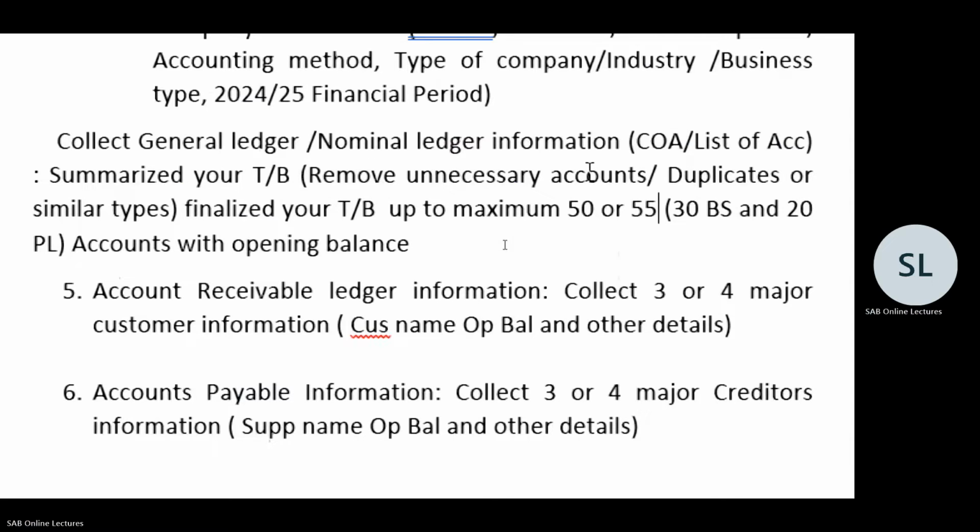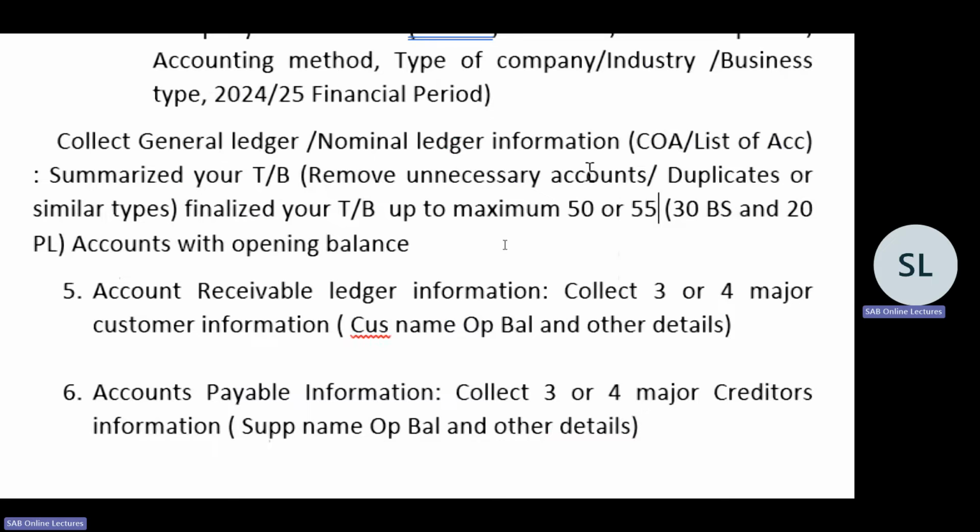Number two. Some accounts are in the ledger, especially in the P&L, profit and loss account. Let's take one example. Under maintenance, there are 4-5 maintenance accounts. You have to summarize and get the total in one maintenance account.